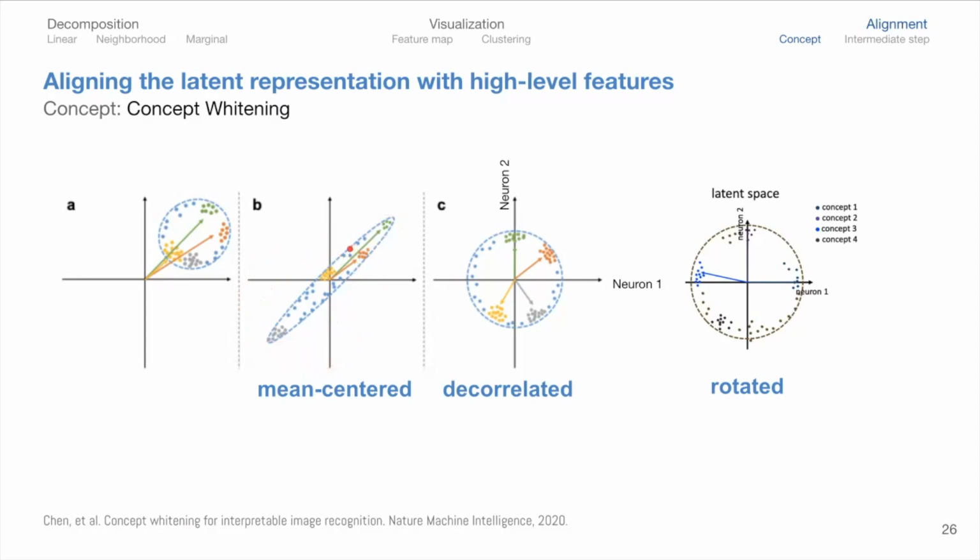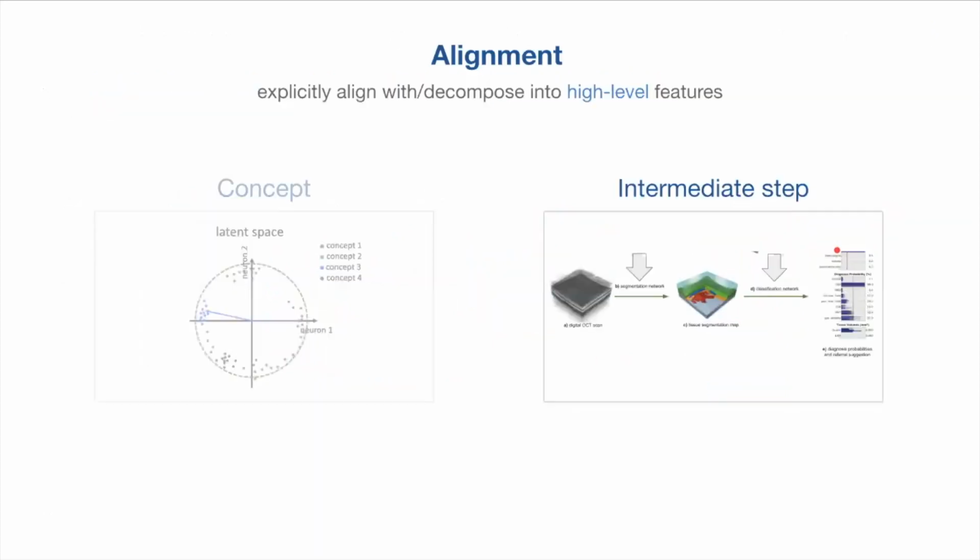After that, it also does the whitening to decorrelate the different vectors and does another step of rotation so that they can align each direction represented in each of the neurons with the human high-level concept. In this way, during training, the model latent representation is more aligned with the human concept axis. So we see two methods in the concept region, and then lastly we look at the intermediate step.